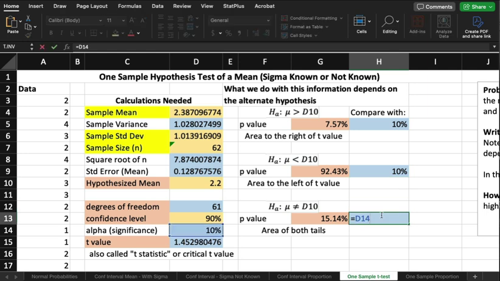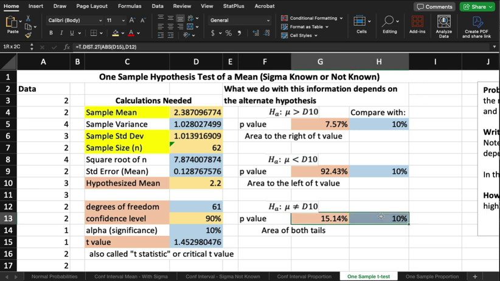That's your significance level. We will talk about this in the next video, but there is a decision that needs to be made. That decision has to do with comparing the p-value that you calculated in column G with the significance level that you just copied in column H.